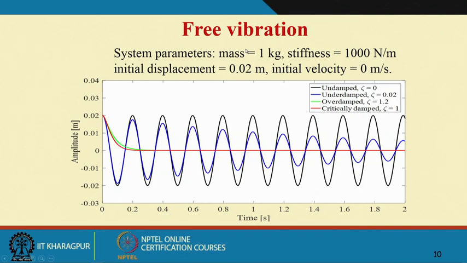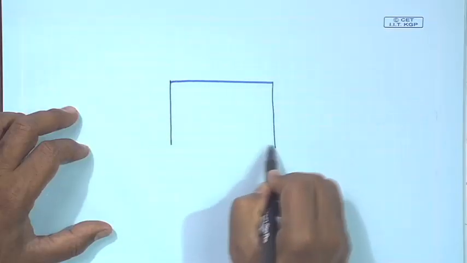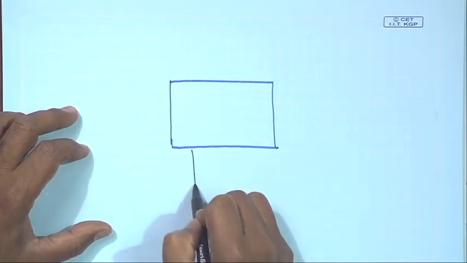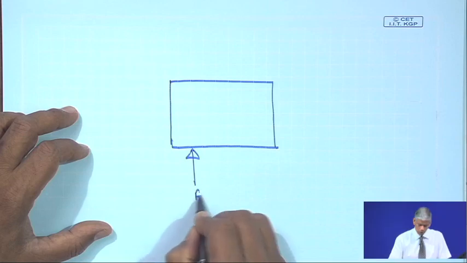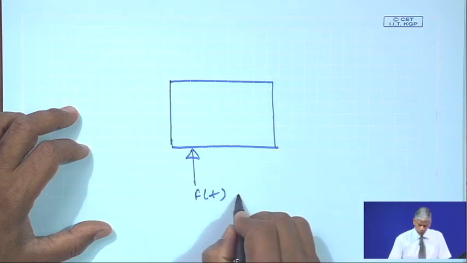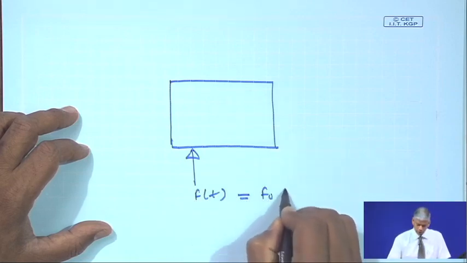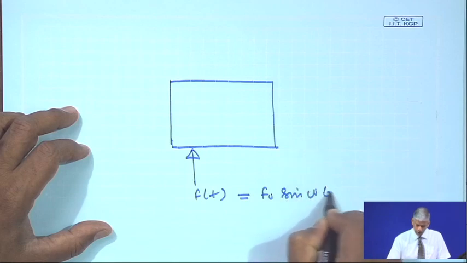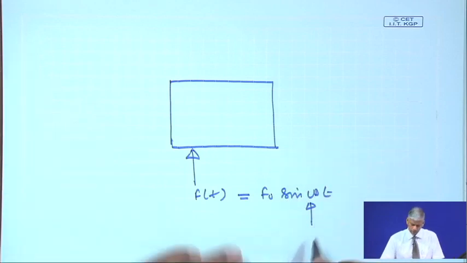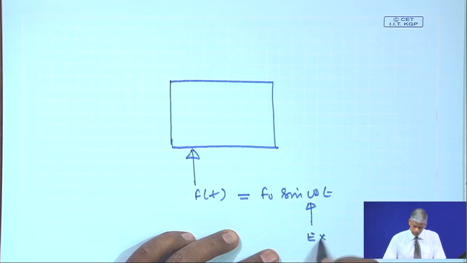By the way, in machinery condition monitoring, because of a defect there is always a force onto the body. The force could be something like F0 sin omega t, where omega is the external forcing frequency.